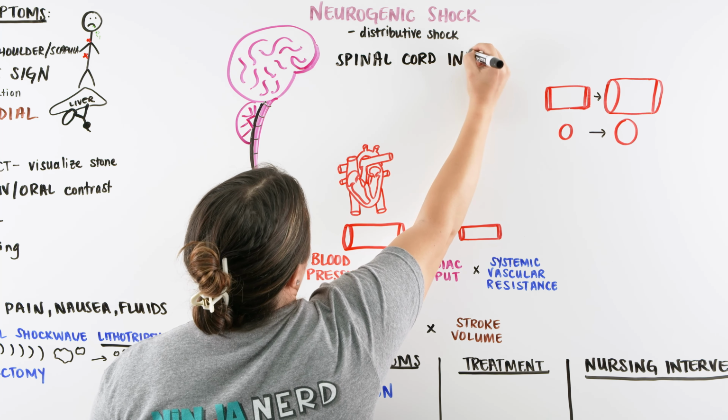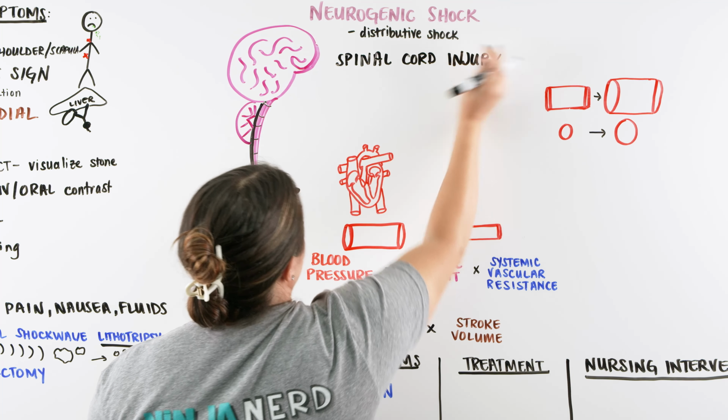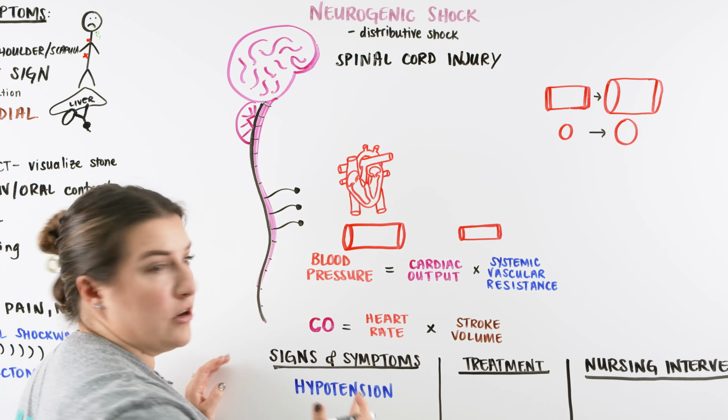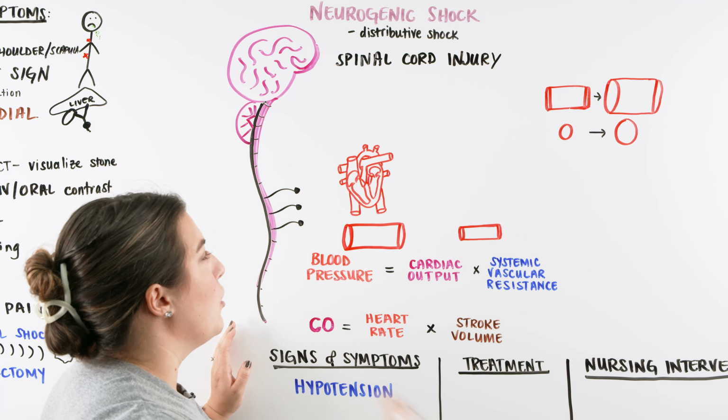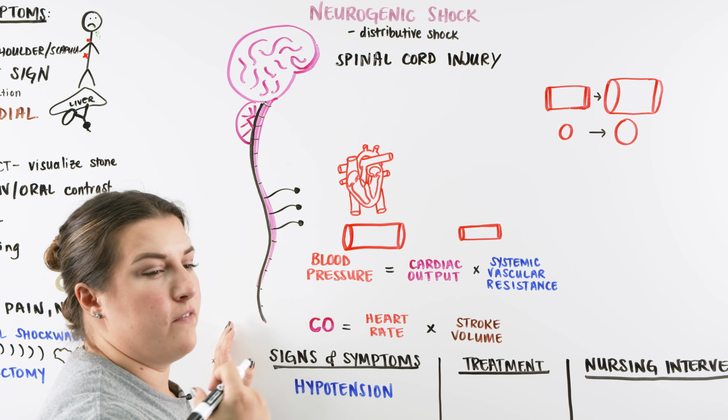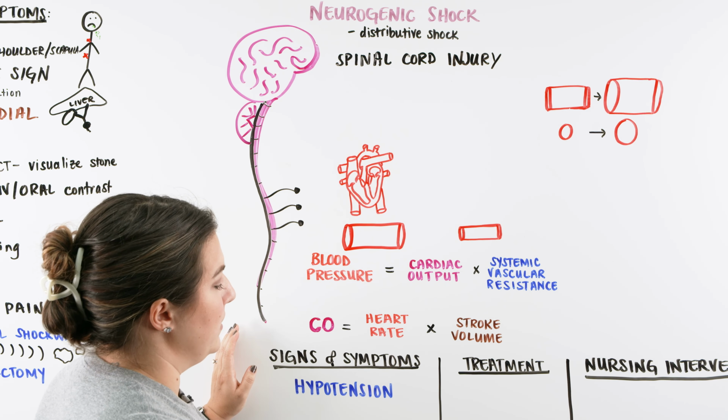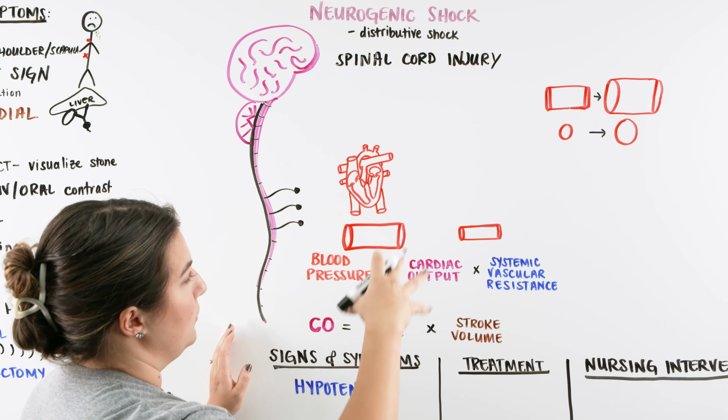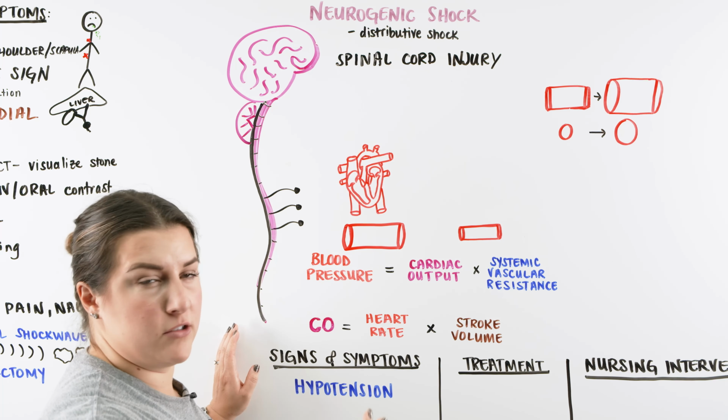So when we have this spinal cord injury, we have injuries to areas within our spinal cord that help us in our day-to-day, right? So we have things like our cardiac acceleratory center, we have our vasomotor center, and all of these are going to help us with our day-to-day functions, especially within our cardiovascular system.